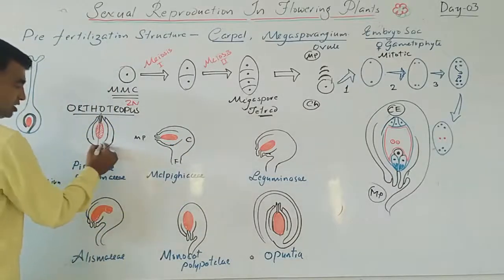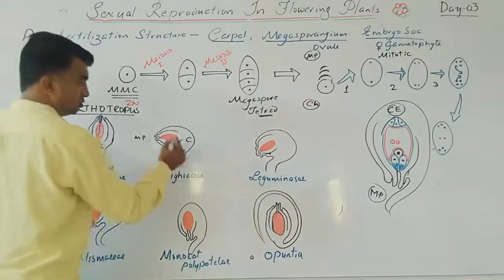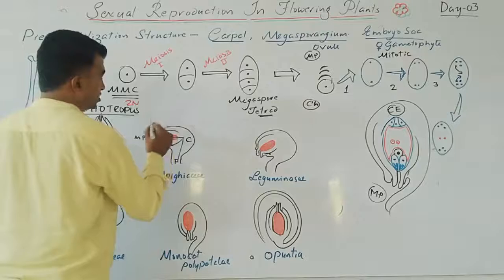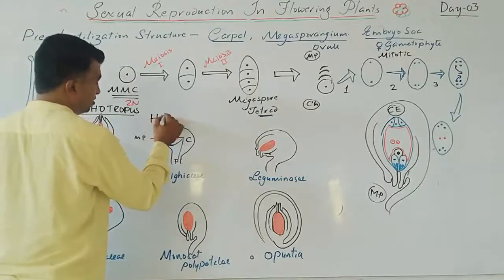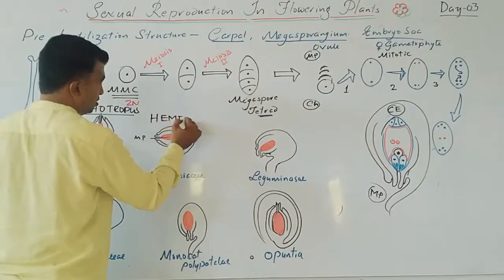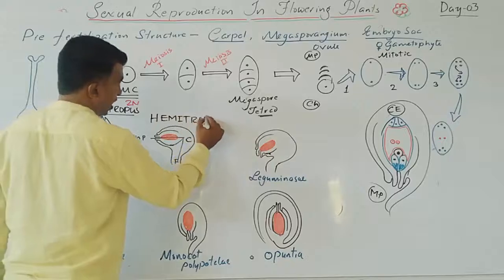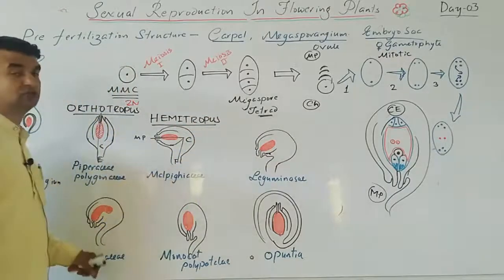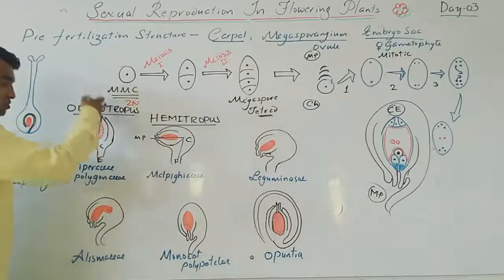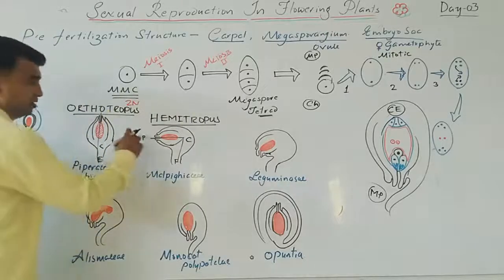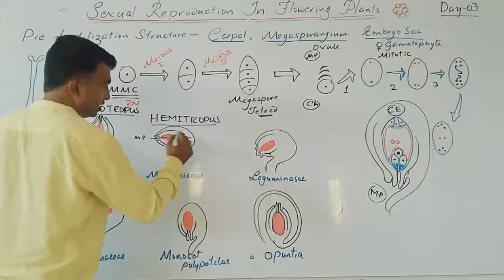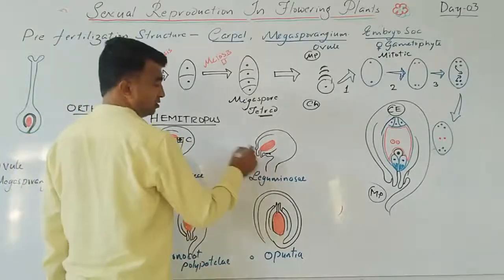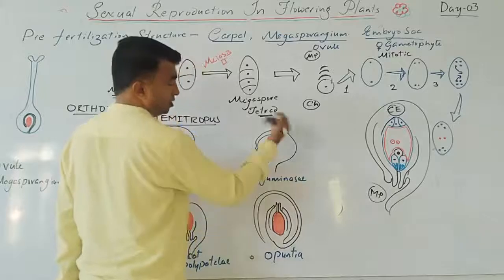So this is the chalaza end and this is the funicle. This is almost a 90 degree angle. So this is hemitropous. Example, Malpighiaceae. Here is a straight line of 180 degrees, and this is 90 degrees. So hemitropous is the ovule where the curvature occurred.